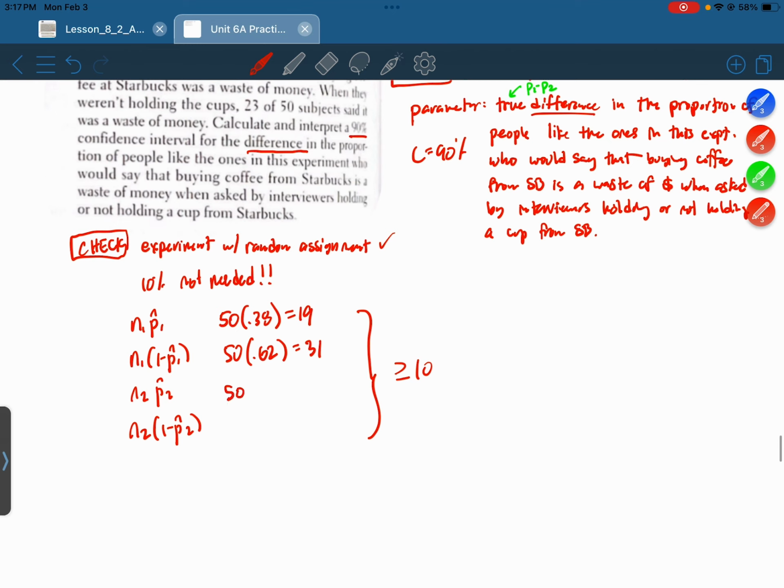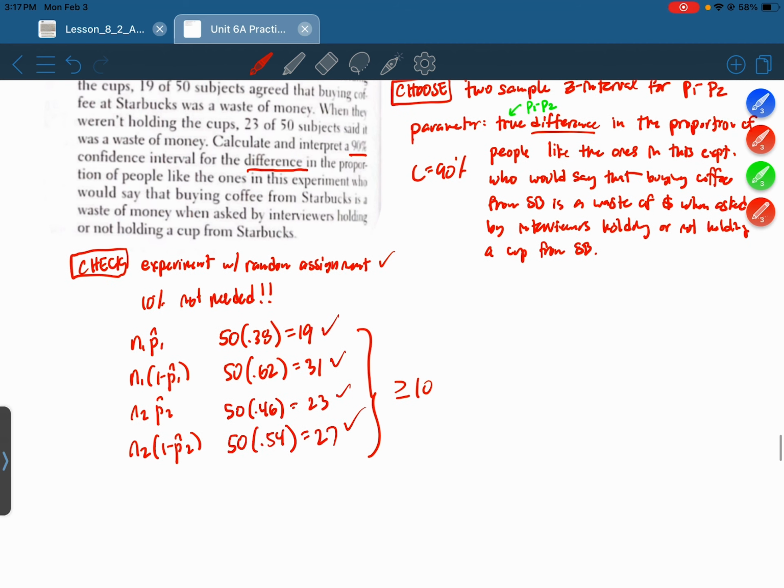Okay, so 50 times 0.46, which is 23, and 50 times 0.54, which is 27. Okay, yes, every one of those values is at least 10. All right, so it's safe for us to move on to the next step, which is actually calculating the interval.